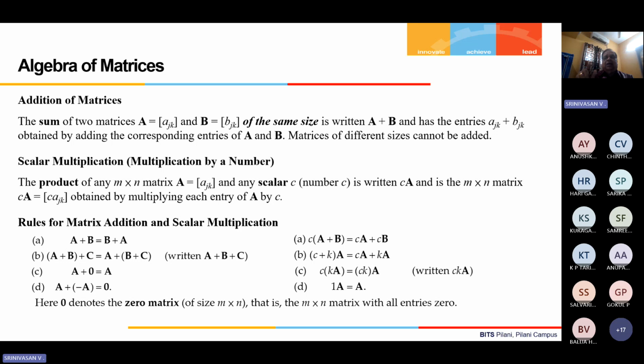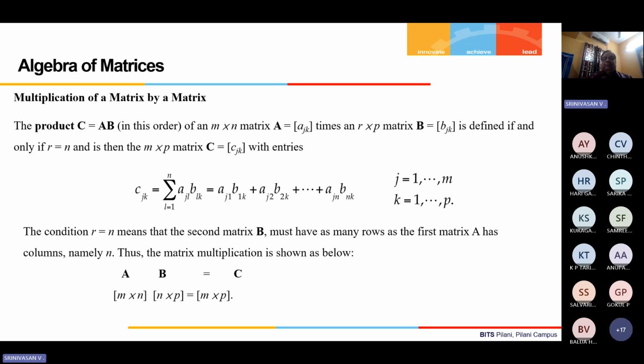Similarly, I is for your unit matrix. Okay. So as I mentioned, cap O denotes the zero matrix, that is an m by n matrix with all entries 0. Actually for the unit matrix, m equals n, so it can be 2 by 2, 3 by 3, anything. These are only square matrices.